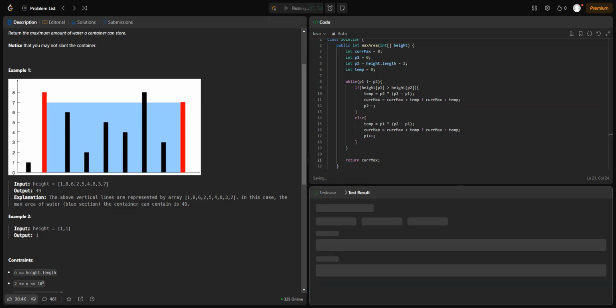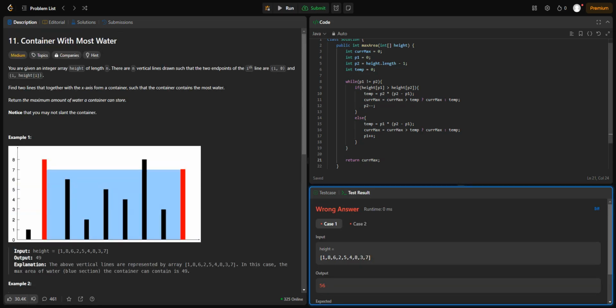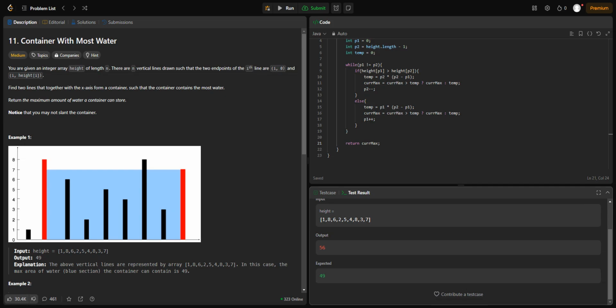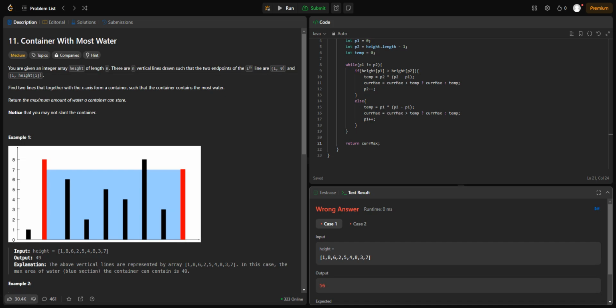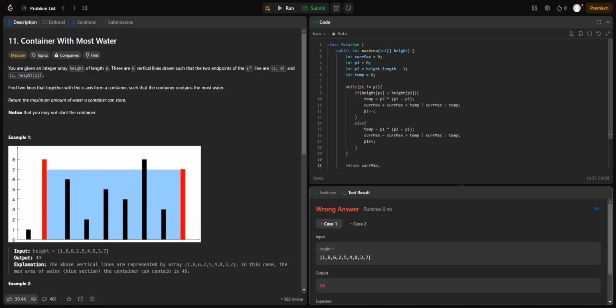Okay, let's see if that works. That didn't work. Why didn't that work? Okay, let me think about this really quick. So max area starts at 0.